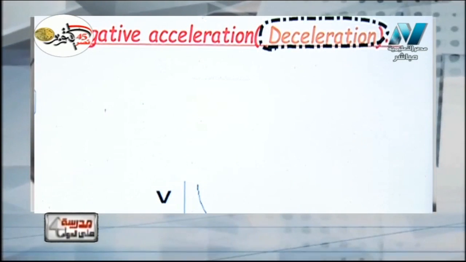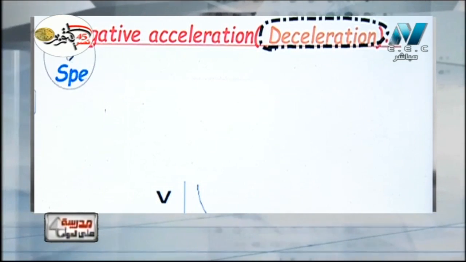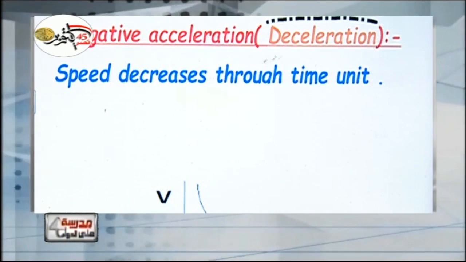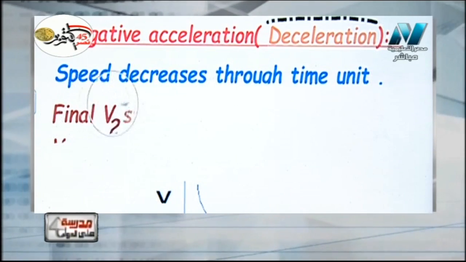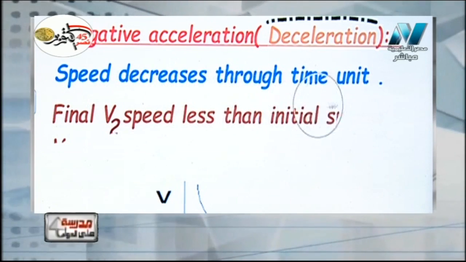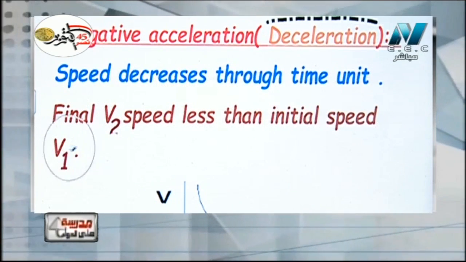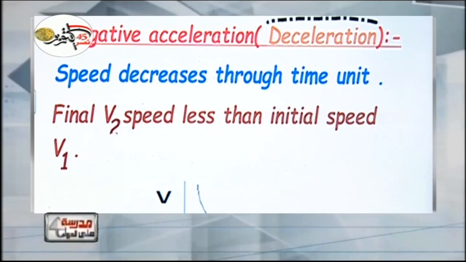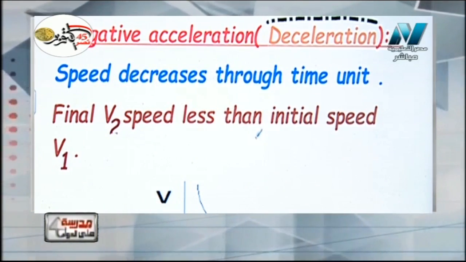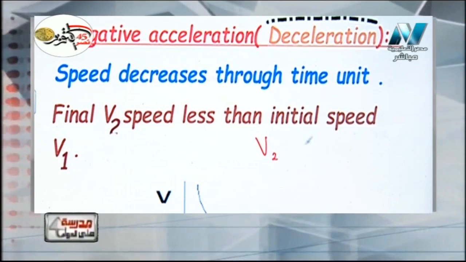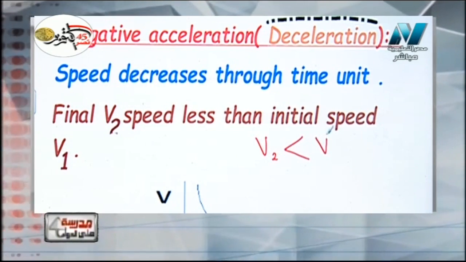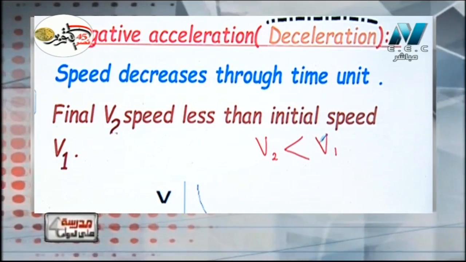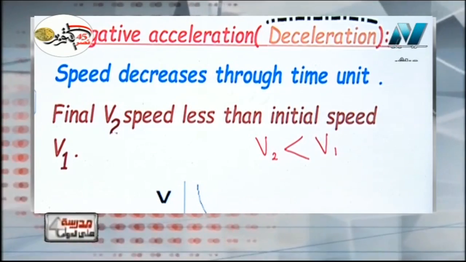We have the speed decreases through time unit, which means what? The final speed is less than initial speed, as we have V2 less than V1, or V1 as initial speed is greater than final speed, which means the speed decreases.